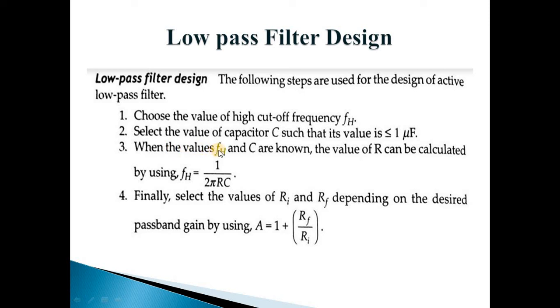When the values of fH and C are known, the value of R can be calculated by using fH equal to 1 divided by 2 pi RC. Finally, select the values of R1 or Ri and Rf depending on the desired passband gain by using AF equal to 1 plus Rf divided by Ri or R1.